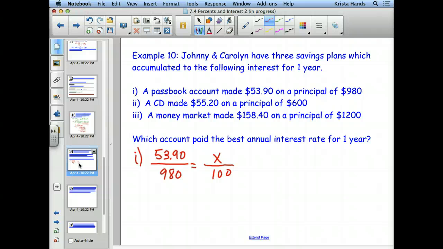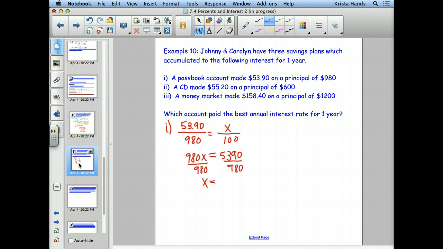So if I do this one, I'm going to cross multiply, right? 980x equals 5,390. What interest rate is this? What is it? 5.5? Okay, so we have an interest rate of 5.5% on this passbook account.